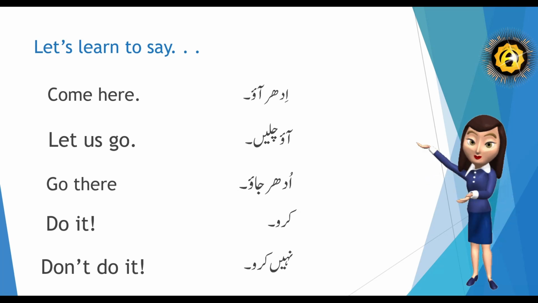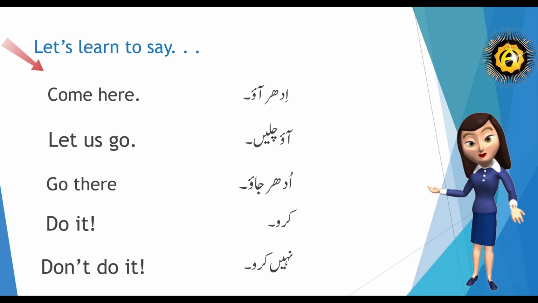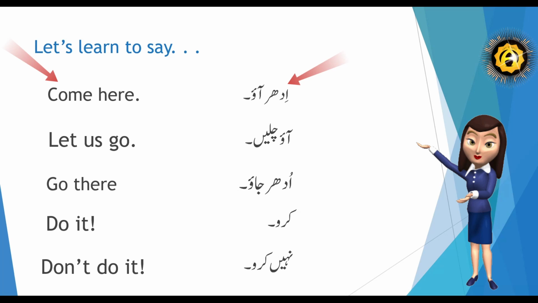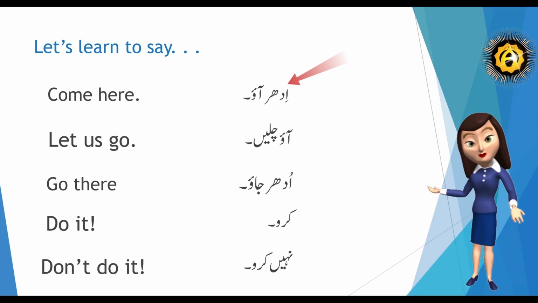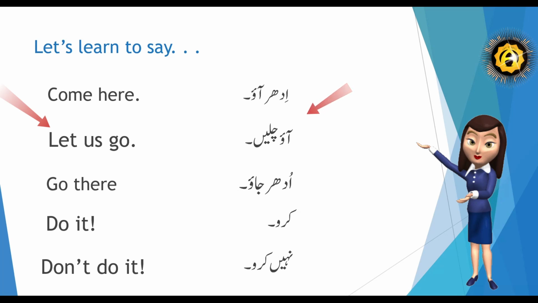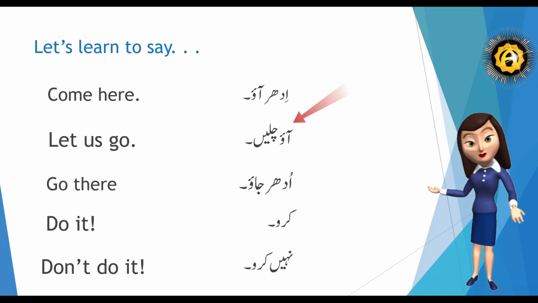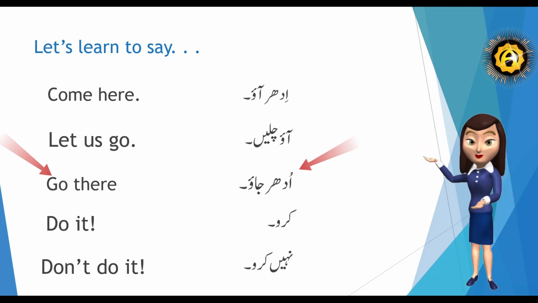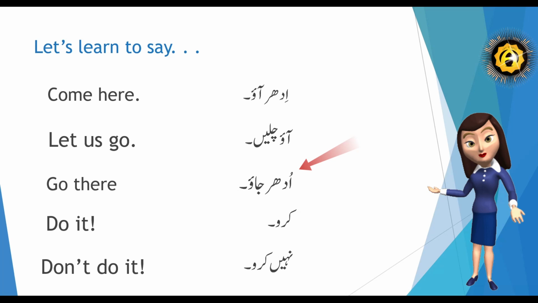Let's repeat one more time. In English we say come here, and in Urdu idhar aao. In English we say let's go, and in Urdu आओ चलें. In English we say go there, and in Urdu udhar jao.